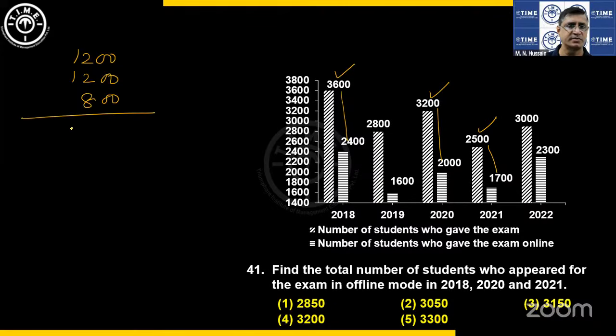By adding this, 1200 plus 1200 plus 800. 2000 plus 200, that is 3200. So what is the answer choice? Option 4.